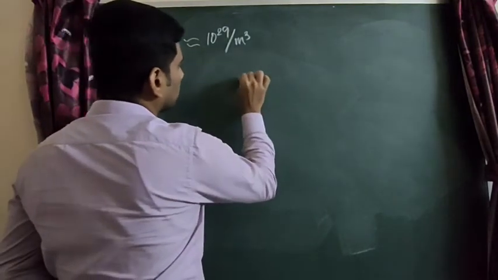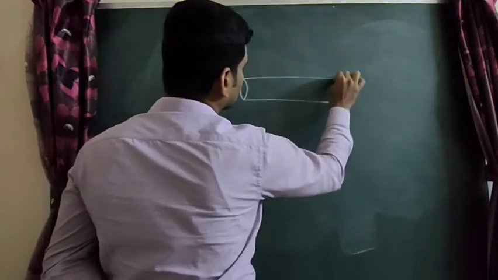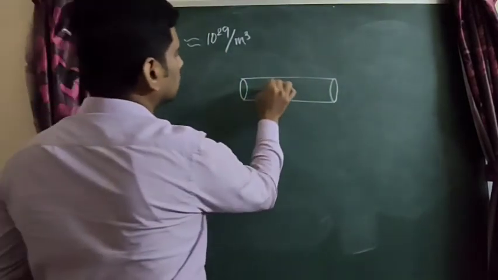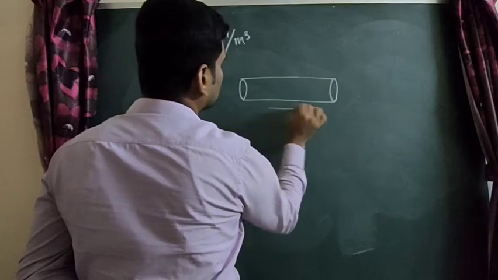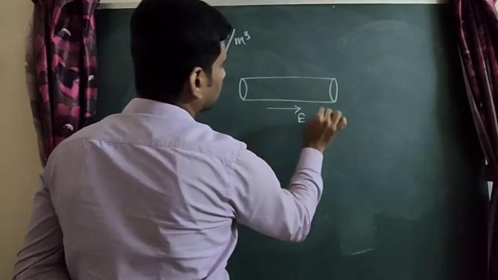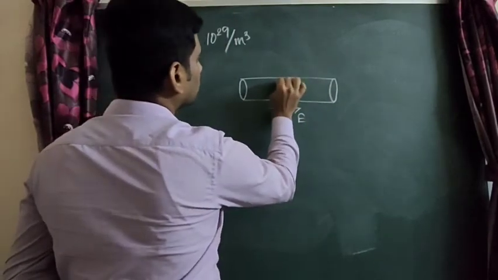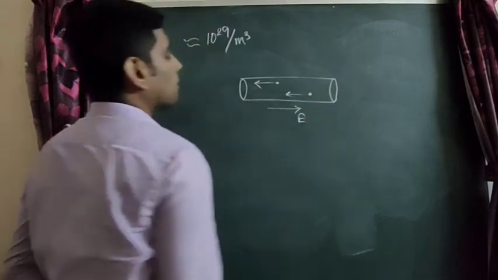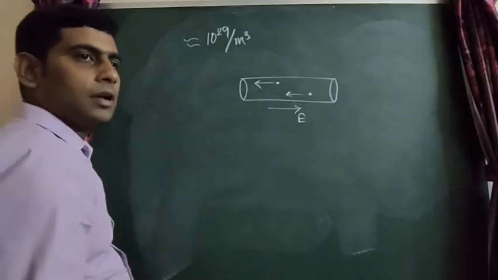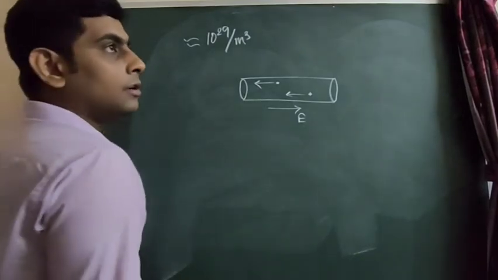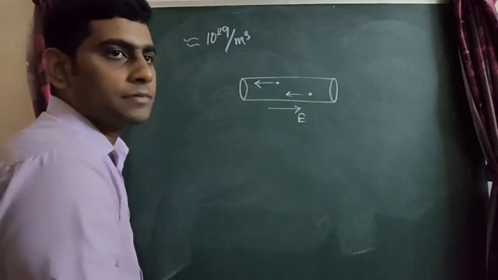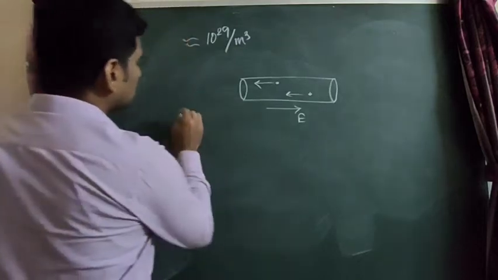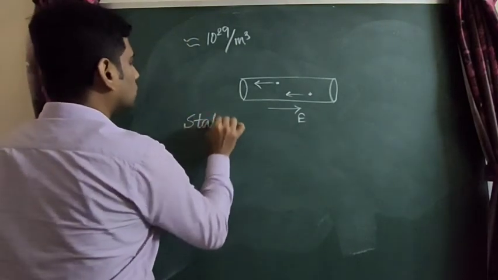Suppose this is the conductor through which the electrons are moving. Suppose this is the direction of the electric field which is provided. So electrons move opposite to it. In this direction, electrons are moving. Now, as you remember, when electrons come out from an atom, it becomes an ion. So inside the conductor, there are free electrons as well as some stationary positive ions.